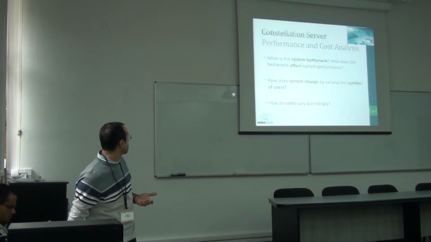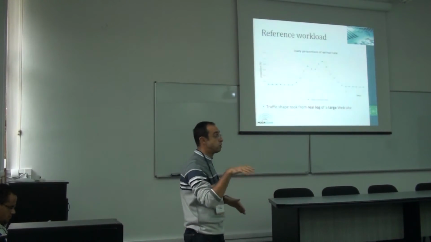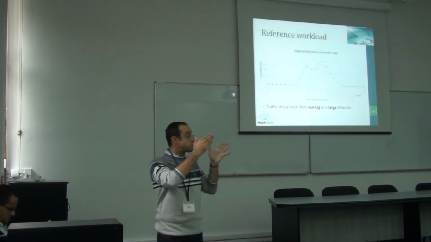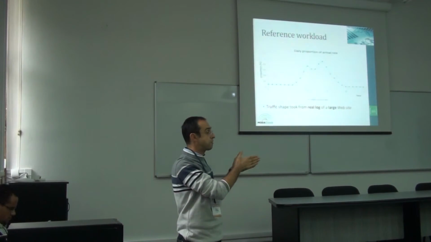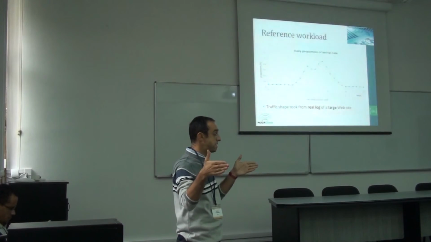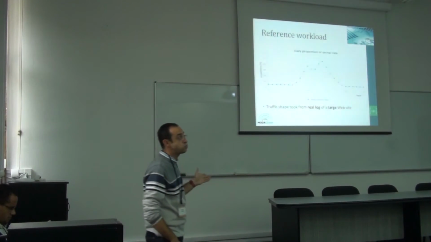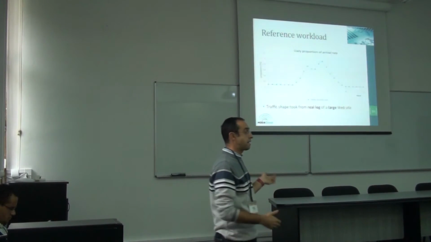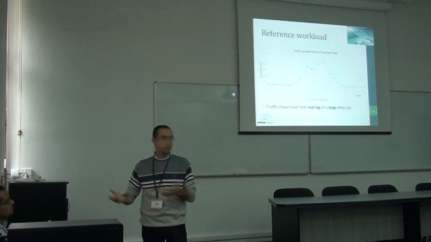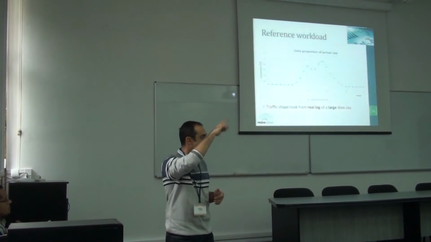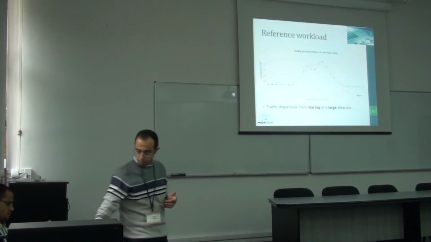This is the reference workload that we are considering, because I told you we will solve the capacity planning problem for every hour of the day, and this is the basic shape that we are considering. It is a bimodal distribution. We took this from a real large web server, since this is under development. Right now we don't have the end users distribution for the Modelio case study.